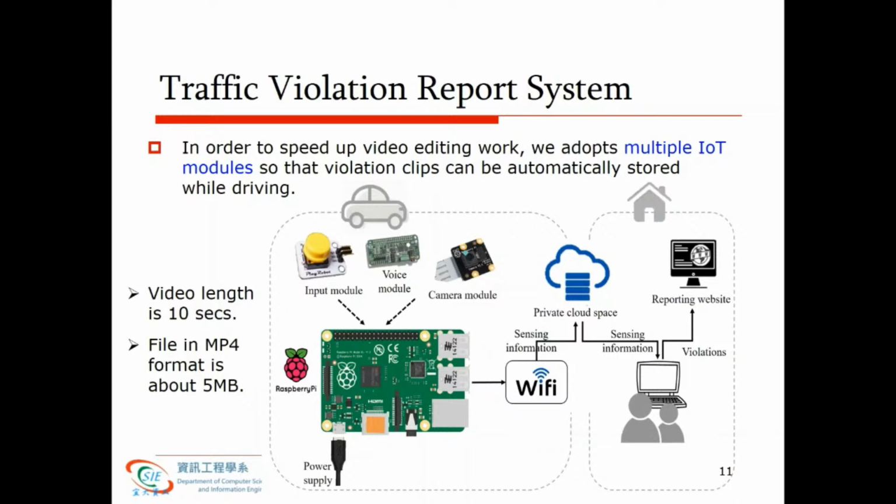Then our system uses the rclone technique to mount to the cloud service of Google Drive and upload these video clips to the private cloud space synchronously through the Wi-Fi wireless network of the Raspberry Pi. The reporter can download these video materials after returning home and upload them to the reporting website together with the reporter's personal information.